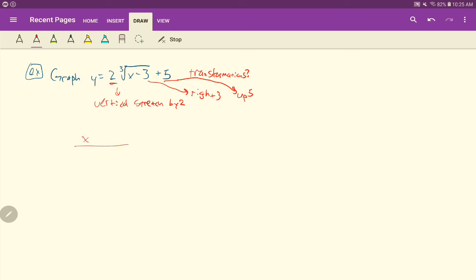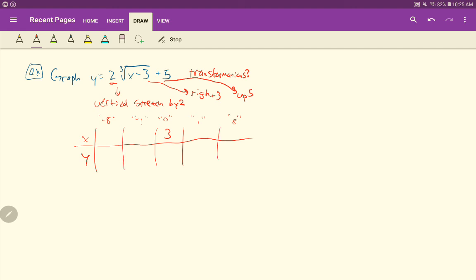Okay, so when I go to make my chart, again, I'll put 0, 0 here in the center. Remember, it's 0, 0, but the zeros were shifted right 3, so now I'm at 3, and this y-coordinate here was shifted up 5. Oops, actually, I'm going to have to hold off on that. I'm just going to use the table on my graphing calculator. So 0, and then we had 1, negative 1 here, right? 1 goes here, 8 goes here, negative 8 goes here.